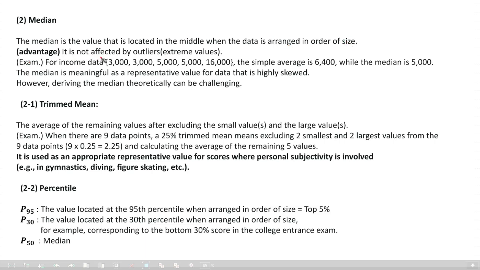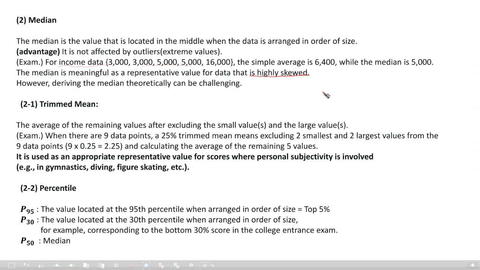Advantage: it is not affected by outliers. Outliers means extreme values. However, deriving the median theoretically is difficult. That's why we do not mention median for highly skewed data.